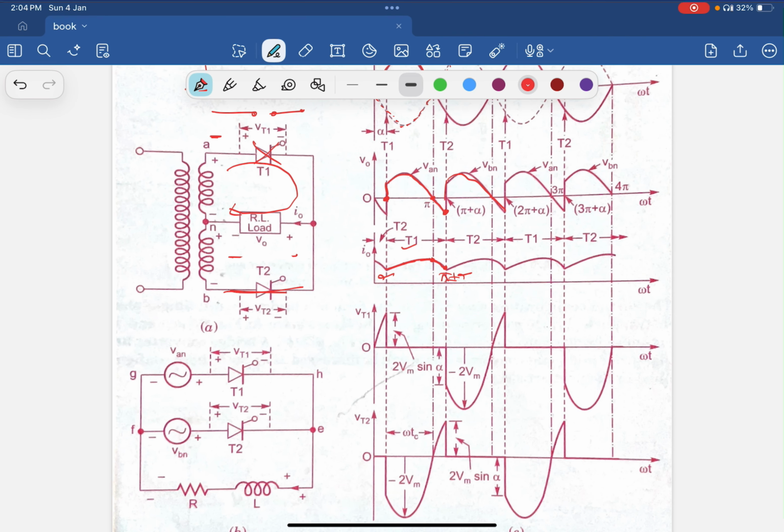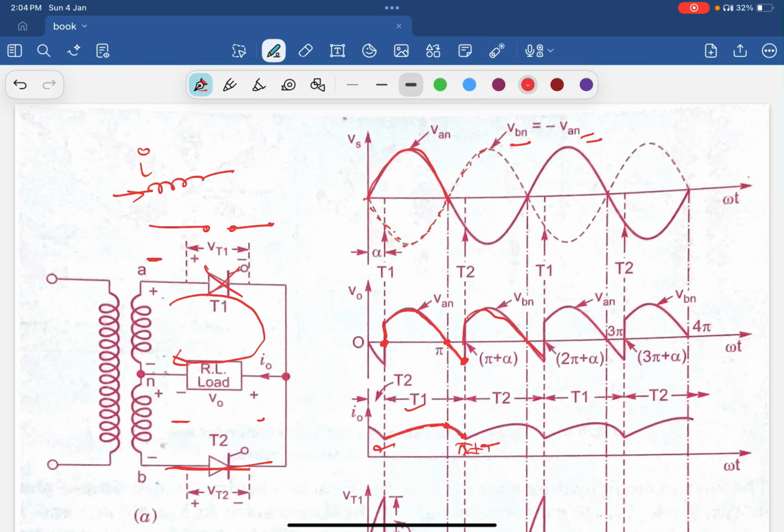If you look at the voltage across thyristor T1 after a firing angle of alpha, here it is short. Why? The thyristor T1 is conducting. If you look at thyristor T2 at that particular instant of time, you can see a negative voltage appear across it. It is not Vm, it is minus 2 Vm.